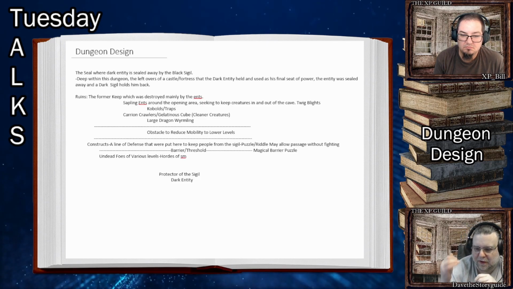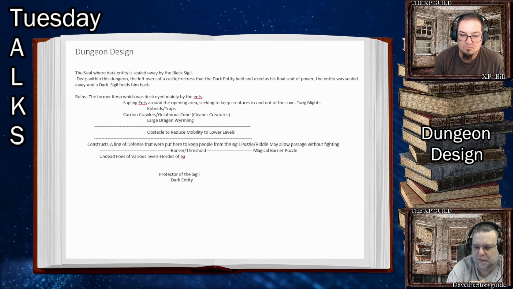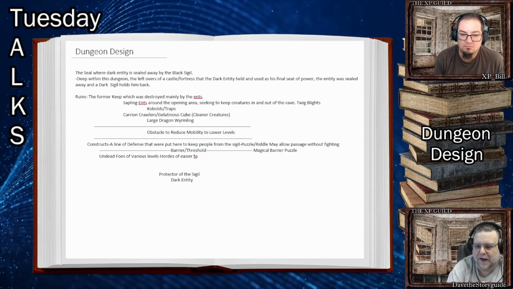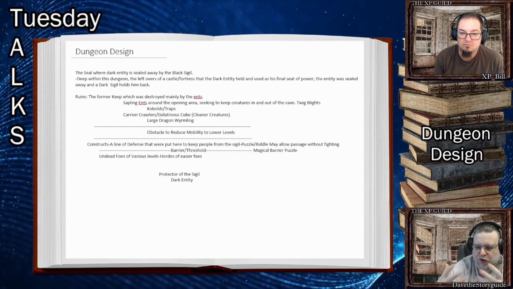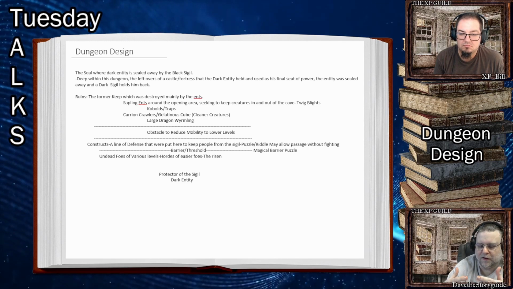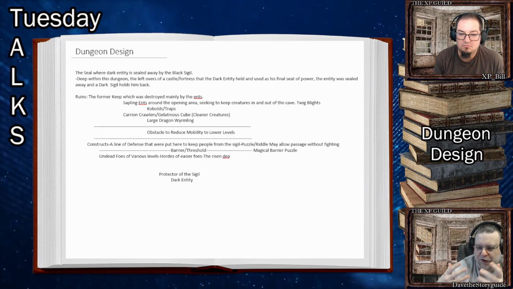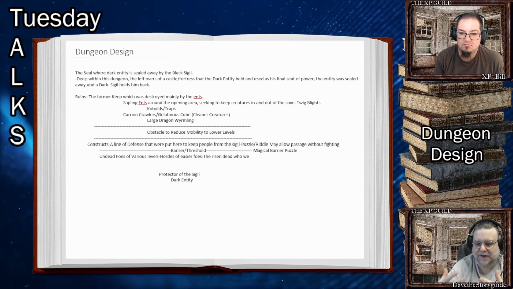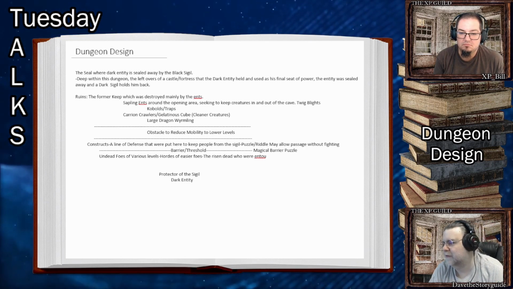It starts out with the lowly soldiers, which would be your skeletons, zombies, ghouls, and stuff like that. Then beyond that, your sergeants, then your captains, your majors, and then your generals would be the last step to the dark entity itself.